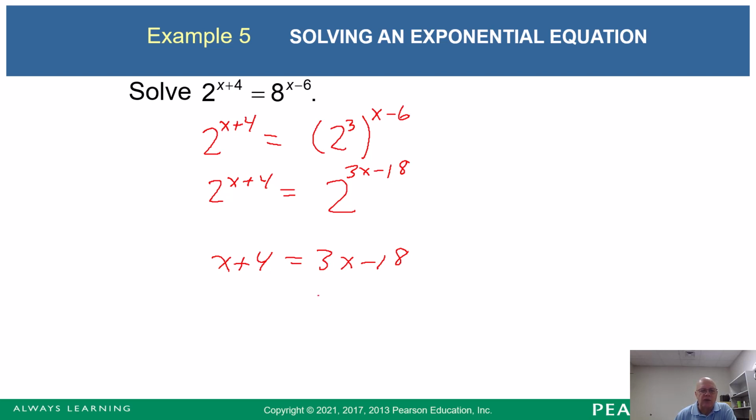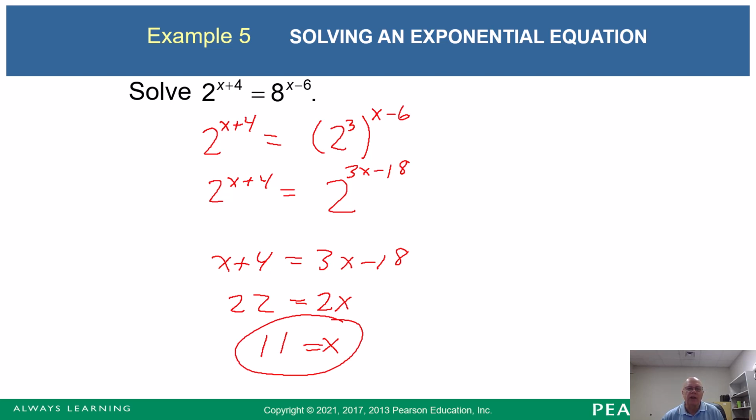Subtract 2x from both sides. We'll have 2x here. Add 18 to both sides, and we'll have 22 here. So x equals 11 after we divide by 2. And that's our solution. You can write it this way, or you can write it as a solution set like that.